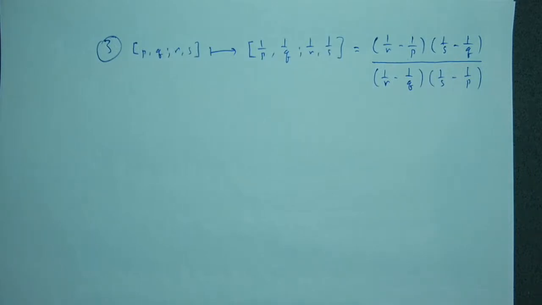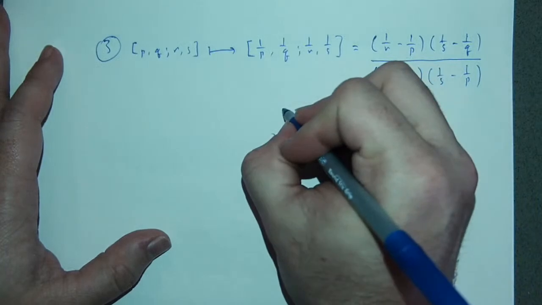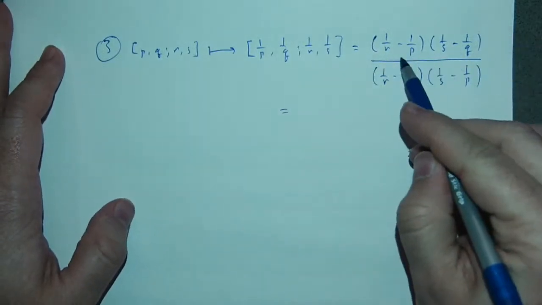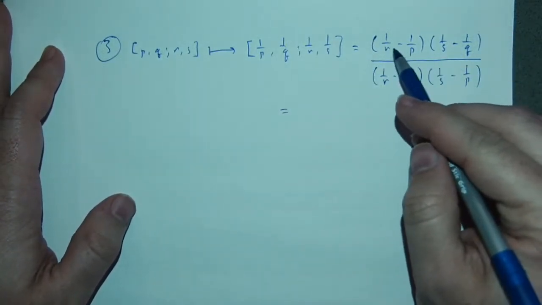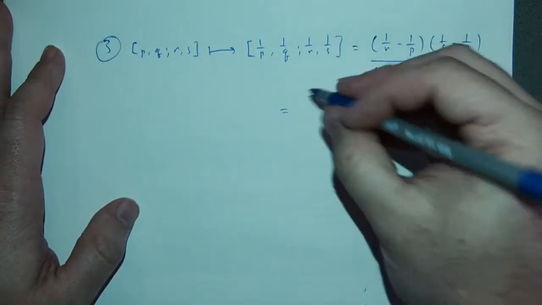So there's our cross ratio. Now let's clear denominators here. If I clear denominators in this term, so I multiply by RP, what do I get? I get P minus R on top.